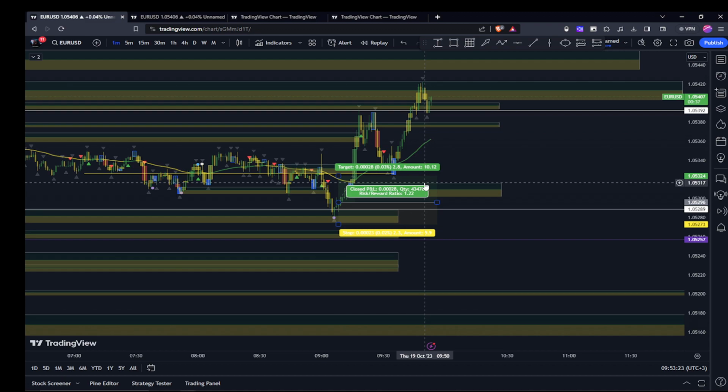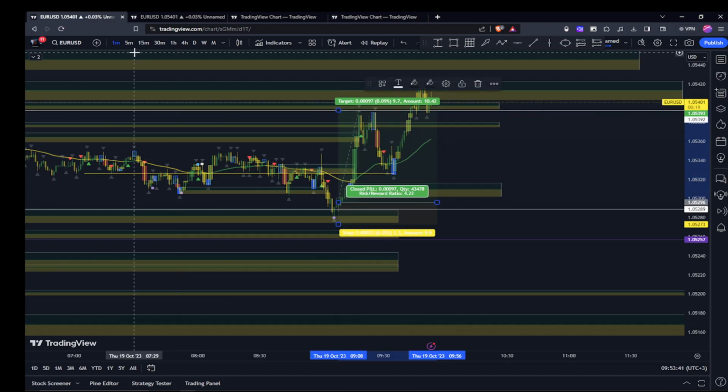The maximum stop loss is 5 pips, and I usually target the high of the 5 minutes.